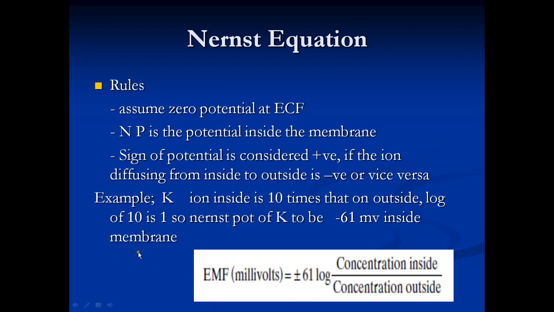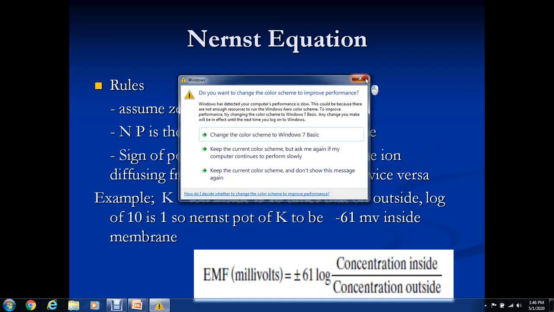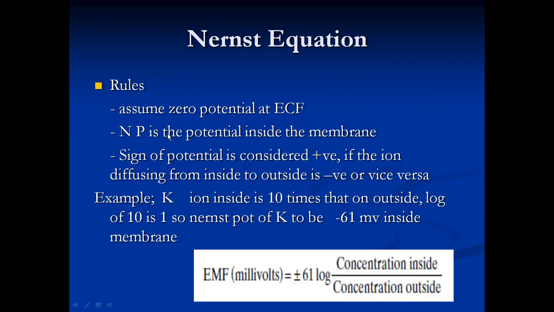When we express the Nernst equation, we always assume zero potential at the ECF, meaning outside the cell. Number two, Nernst potential is the potential inside the membrane. The sign of the potential is considered positive if the ion diffusing from inside to the outside is negative, or vice versa.